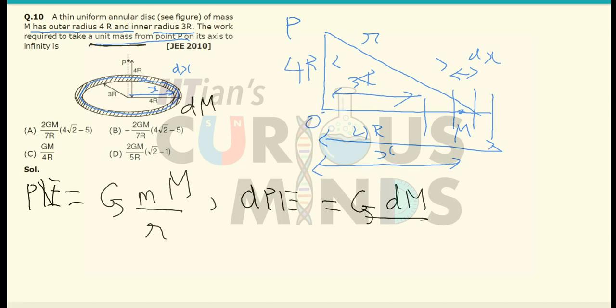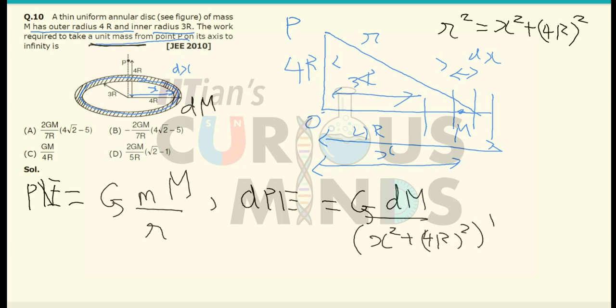Here r is this distance, so r squared is equal to x squared plus (4r) squared, applying the Pythagoras theorem. So r is equal to (x squared plus (4r) squared) raised to half. This is the small potential energy developed due to the elemental ring.